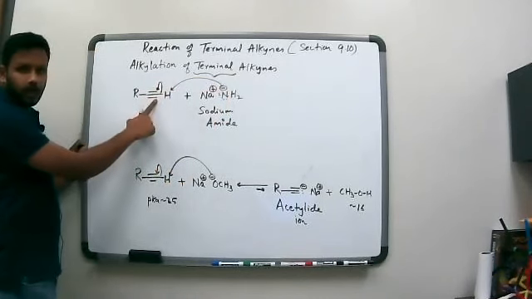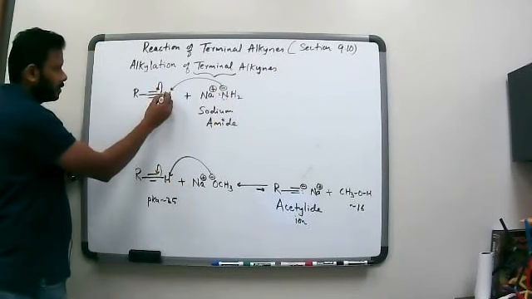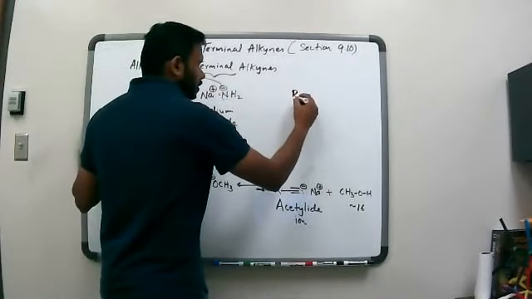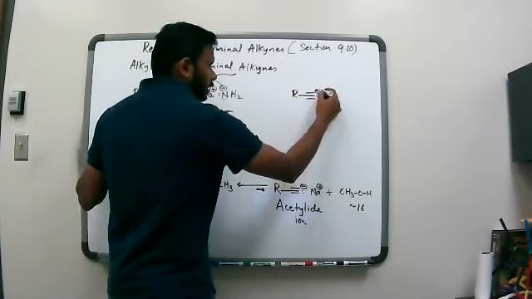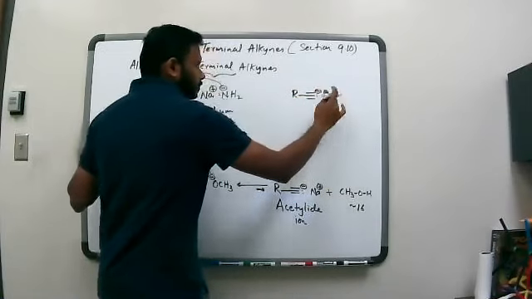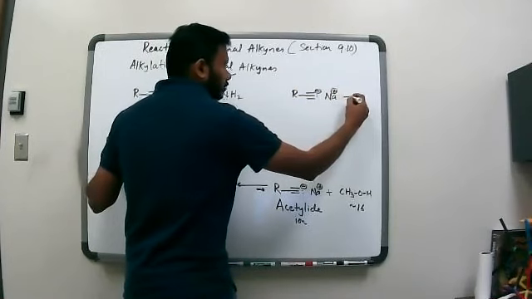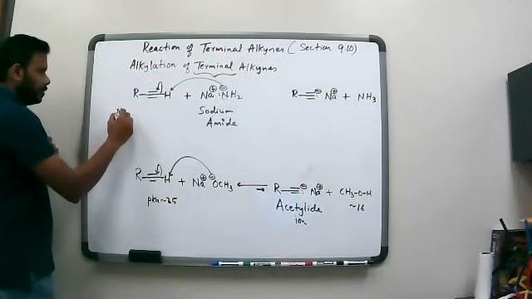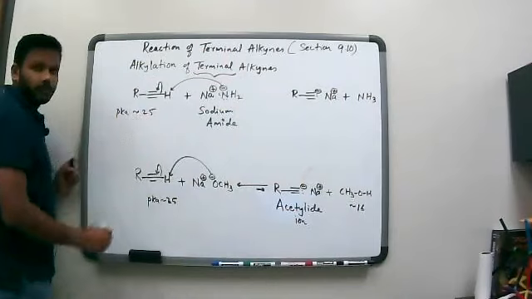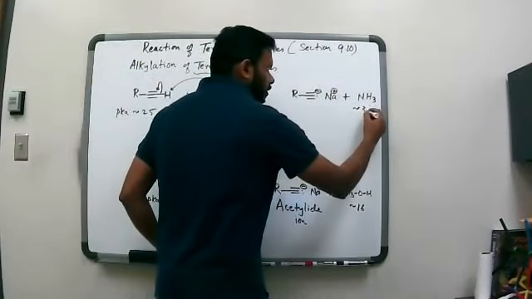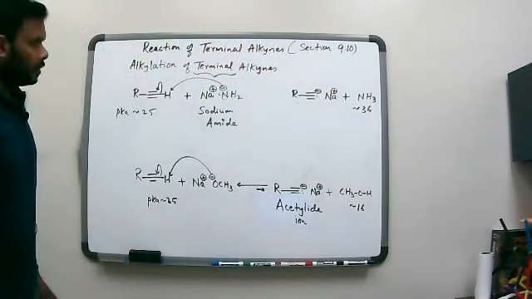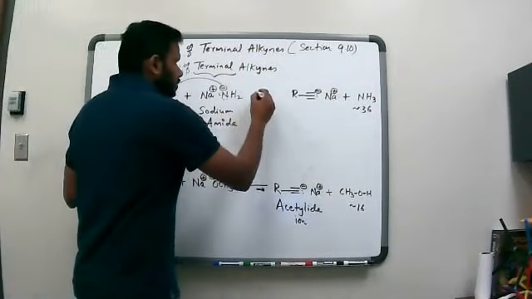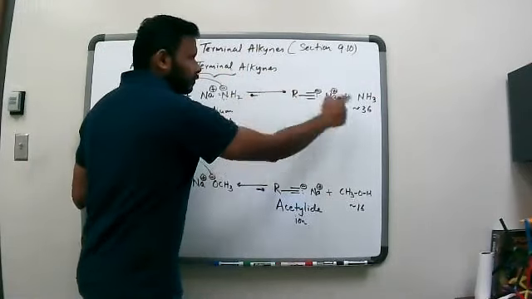Pay attention to my electron push. I'm using the bond here, moving those electrons to the terminal carbon over there. This again gives us the acetylide ion, along with the sodium, plus ammonia. The pKa here is about 25, and the pKa of ammonia is around 36. Now if you look at it, our lower pKa is on the reactant side. That means this reaction is favored in the forward direction.